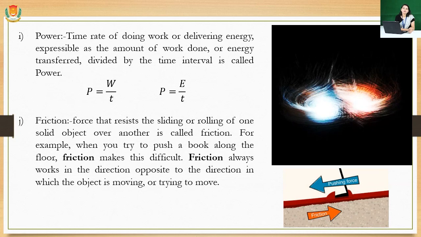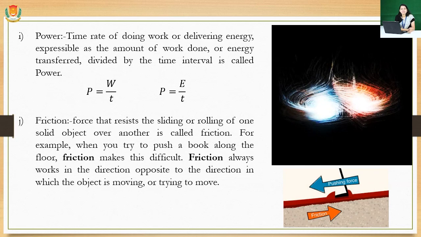Power is the rate of doing work or the rate of transfer of energy. You can depict power as P equals W by T, where P represents power, W represents work, and T represents time. Or we can also say that P equals E by T, that is, the rate of energy. Now the last topic is friction.